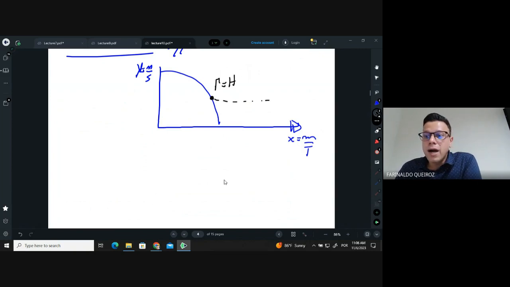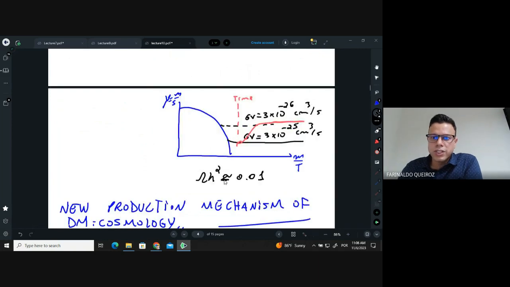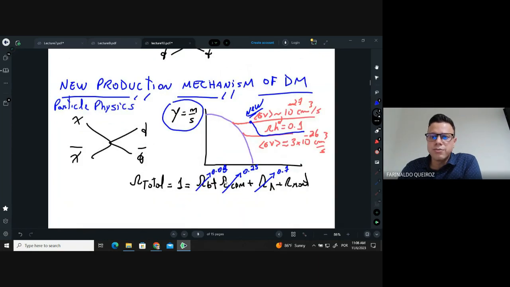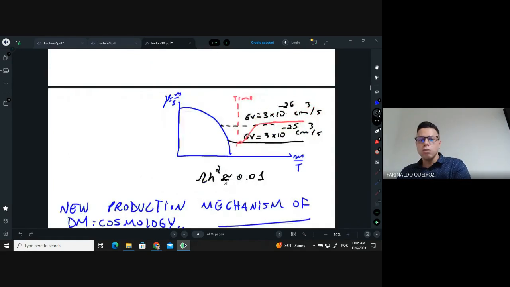If gamma was too large, that's what we considered. We change gamma, so we change the annihilation rate. If the annihilation was too small, I had to include something that diluted the dark matter abundance. If gamma was too large, I had something to compensate and produce more dark matter. So that changes the left side of the equation.